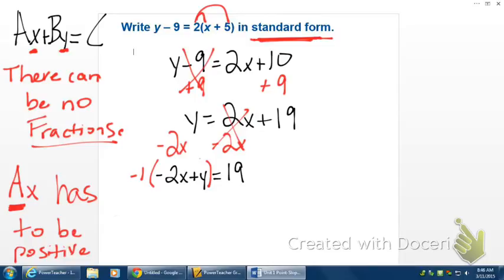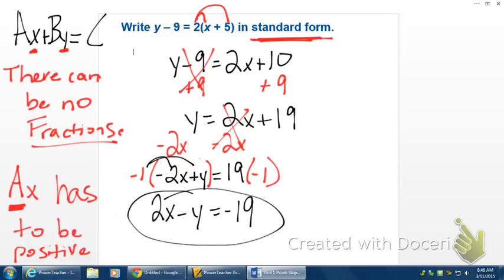Multiply everything on both sides times -1. Okay? And now when you do that, that's going to be a positive 2x. -1 times y gives me a negative y. And -1 times 19 is going to give me a negative 19. And you're done. That's standard form.